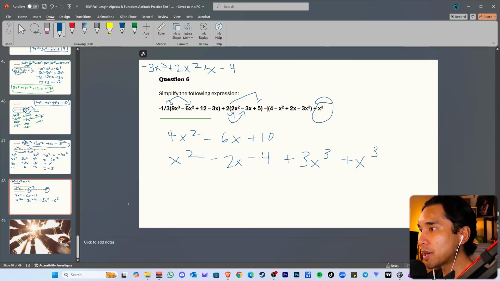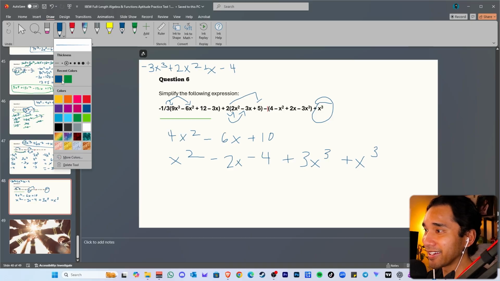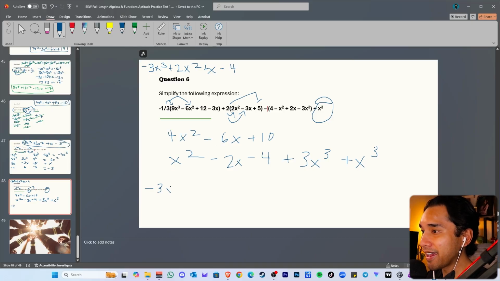Perfect. We have all the terms down. It's just going to be very difficult for me because everything's scattered. But we could do it the way that I like doing it, writing everything down again. So minus 3x cubed, right? We have another one, plus 3x cubed, and then we have another x cubed.